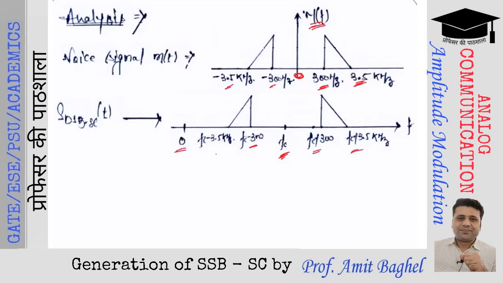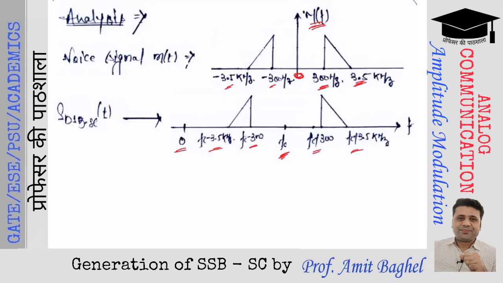Minus 3.5 kilohertz will shift to fc minus 3.5 kilohertz. Right? Now the separation between the upper sideband and lower sideband, it is clearly visible, is (fc plus 300) minus (fc minus 300). So the total distance in frequency is equal to 600 hertz when the lower sideband and upper sideband are taken into consideration.